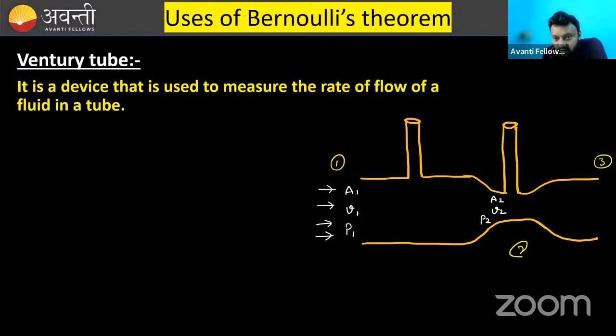At cross section 1, pressure is more, so liquid rises in this tube to a greater height. And at cross section 2, pressure is less, so liquid rises to a smaller height. Let's suppose this height difference between the liquid levels is h.